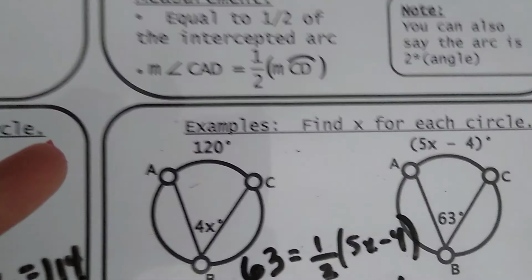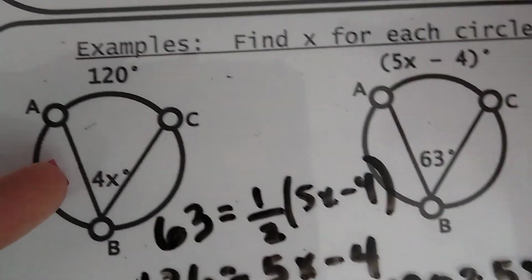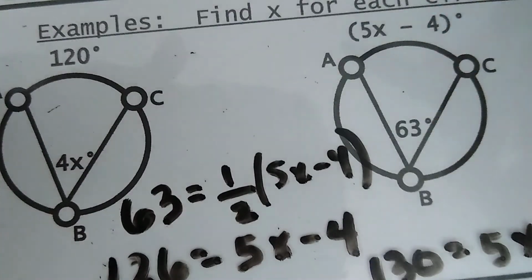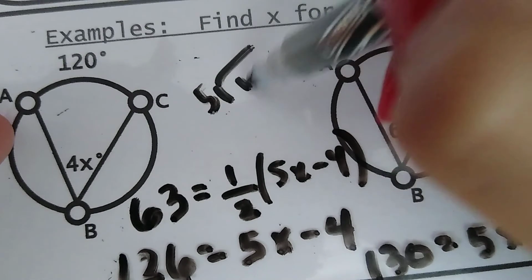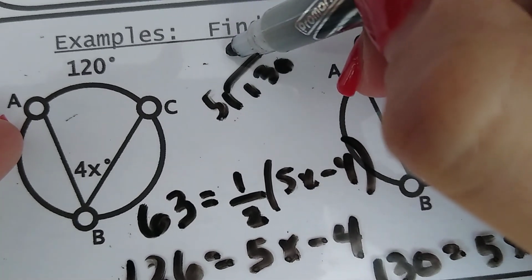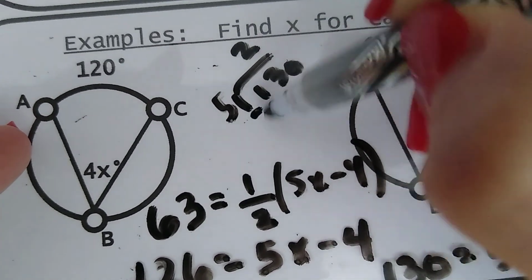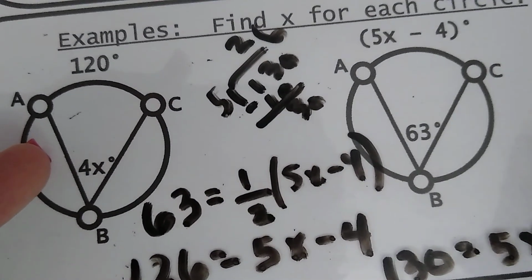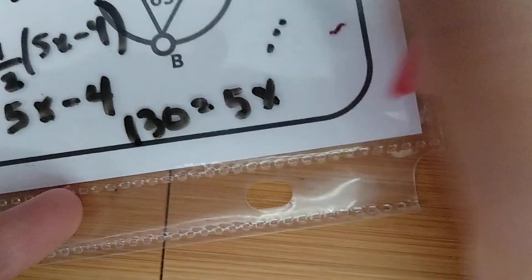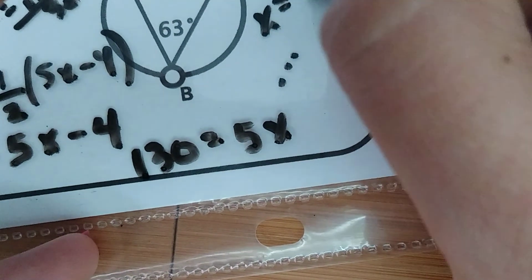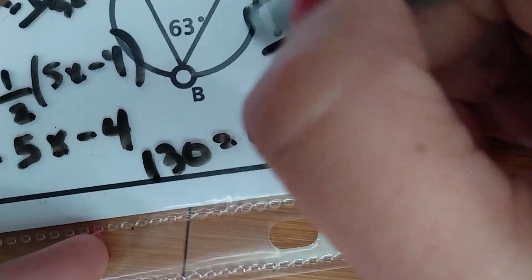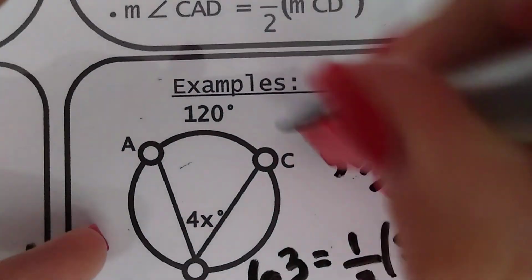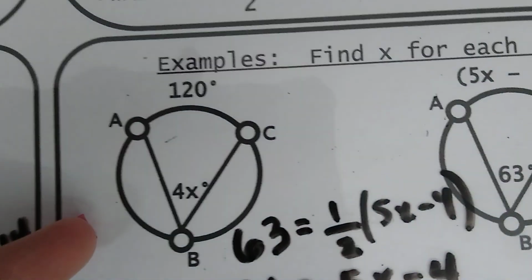Dividing 130 by 5, I get 26. So x equals 26. And for the other case, x equals 15.